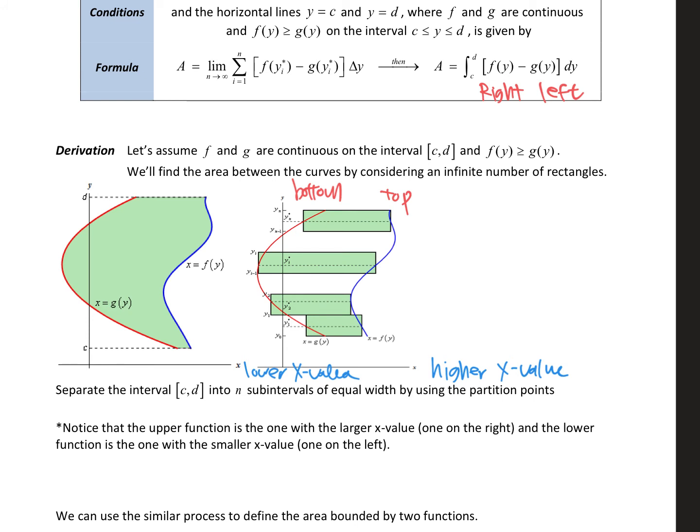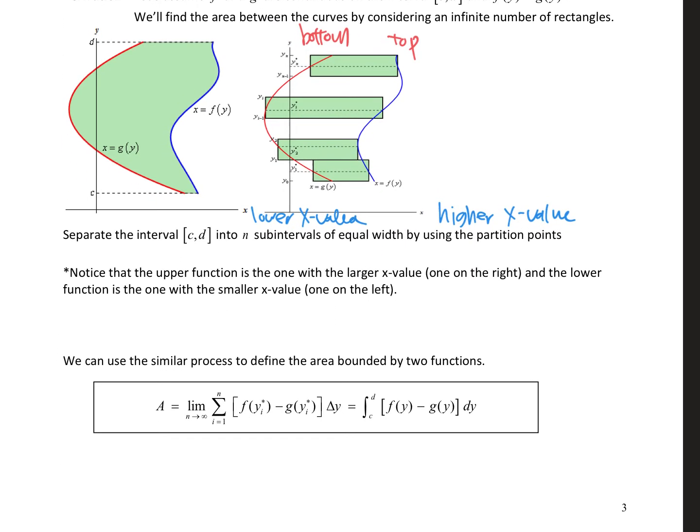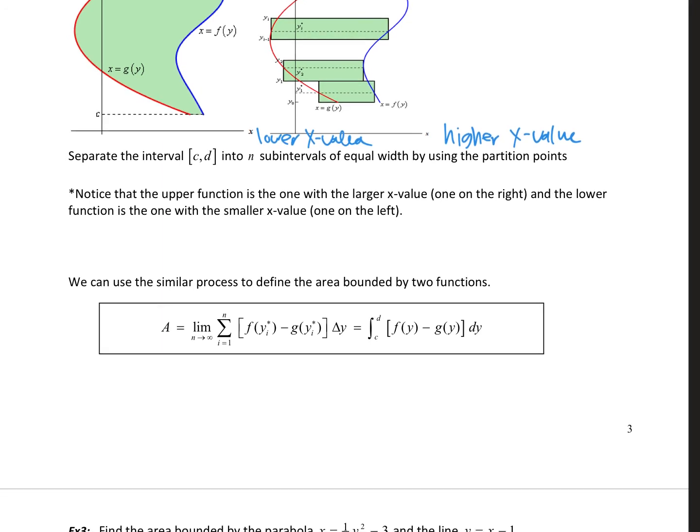So instead of using x as a variable, now we're using y as the variable, right? So your brain has to do some sort of switching a little bit. Okay, so basically we go through the same process to get this, right?